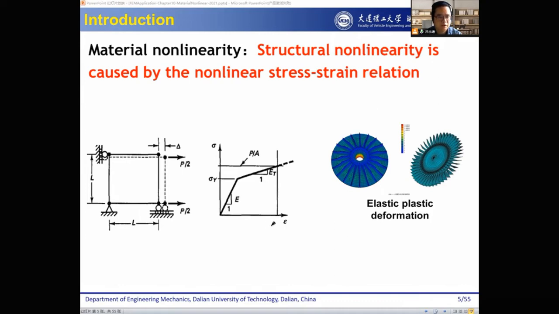This is a typical stress-strain curve for steel, and the initial part is linear. So a nonlinear material is one where, if this is the stress and this is the strain, the curve is nonlinear for the stress-strain relationship, or the constitutive relationship.